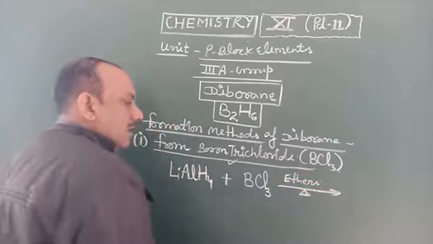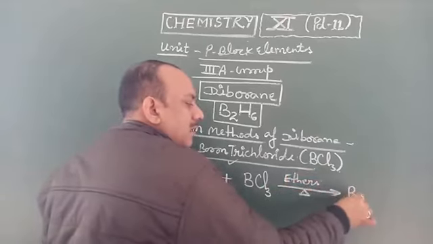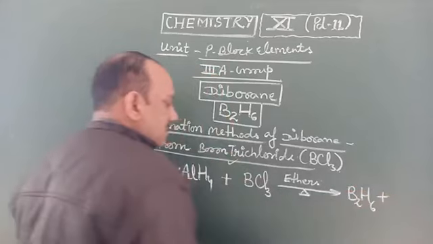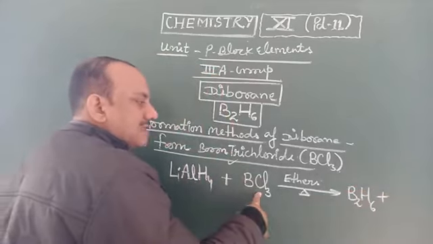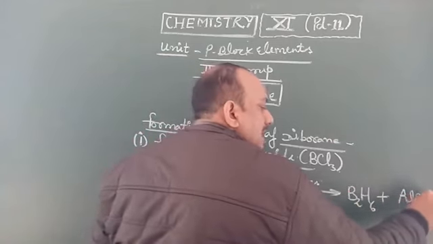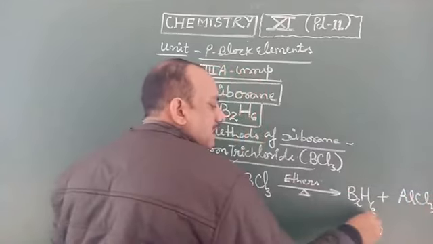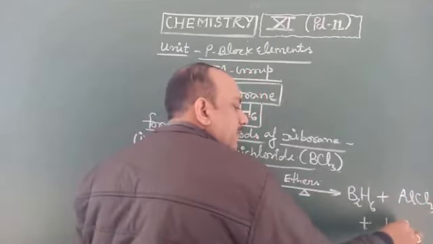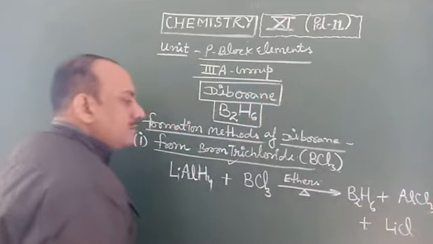It makes diborane, B2H6, plus aluminium reacts with Cl to form aluminium chloride, whose formula is AlCl3, and lithium chloride, LiCl.